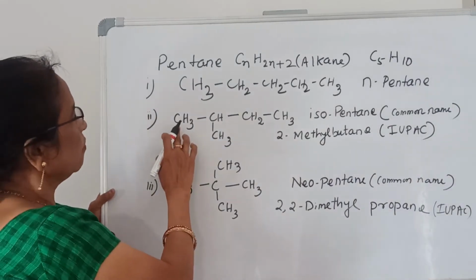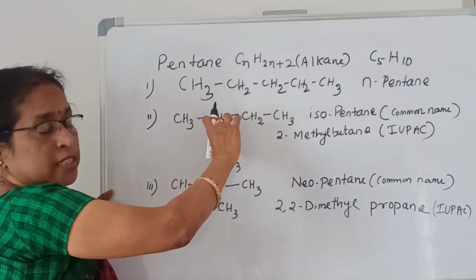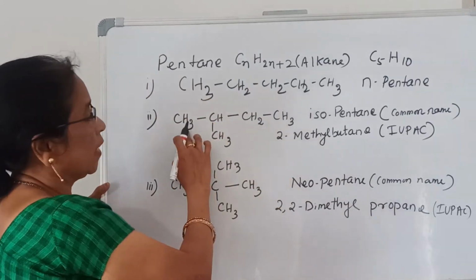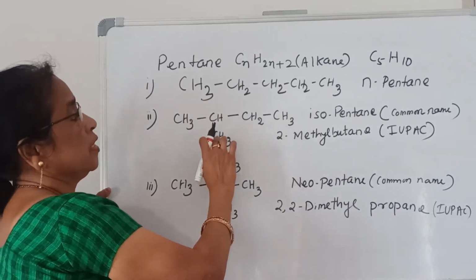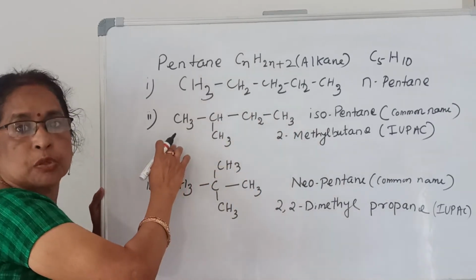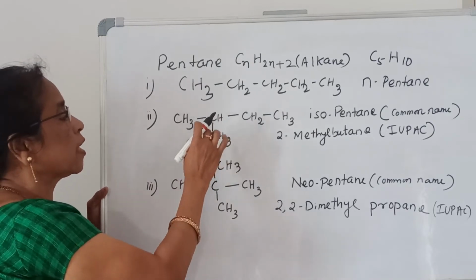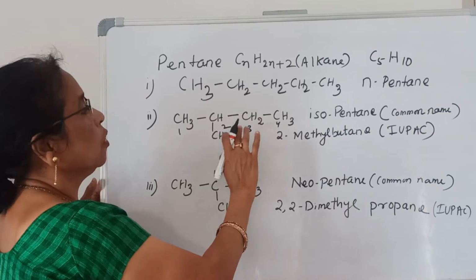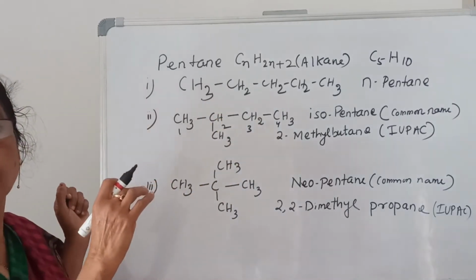Actually here this substituent is near to this end, and here this substituent is far away from this end compared to the first one. So it should be counted from 1, 2, 3, 4. So first you will see what is the common name.